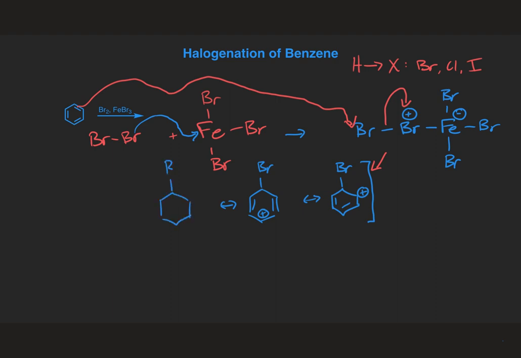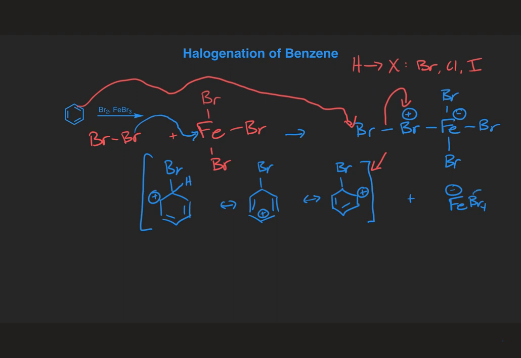It's got 3 resonance structures that look like this. And it's also going to generate FeBr4 minus. Then a base is going to come in and pull off the proton attached to the carbon that the electrophile, or Br, was added to.